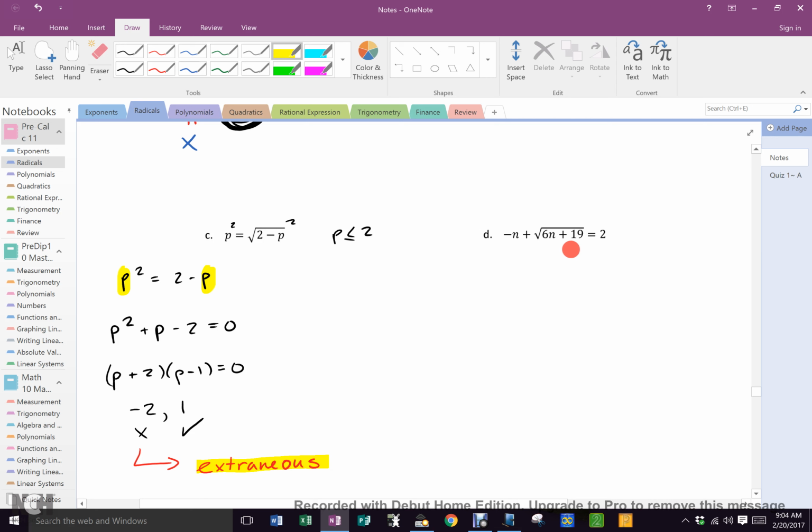Everybody cool? All right, so you guys try this. Well, not yet. We'll try this one together. What is my restriction, first of all? 6n plus 19 has to be greater than or equal to 0. 6n greater than or equal to negative 19. N must be greater than or equal to negative 19 over 6, which is just about negative 3, right?